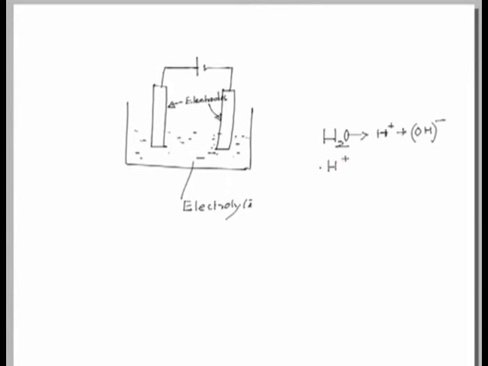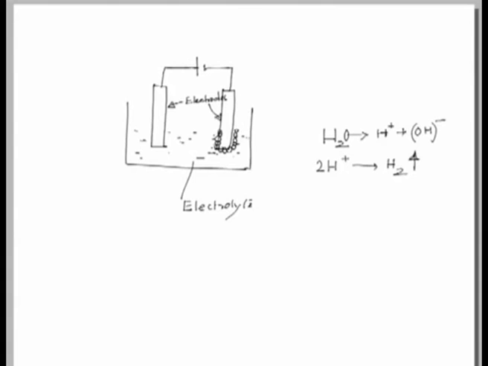Now, two ions of hydrogen will form one molecule of hydrogen gas, which will come out from this solution. But at the initial stage, there will be hydrogen gases or bubbles formed in this way, and this will form a layer just adjacent to this electrode.